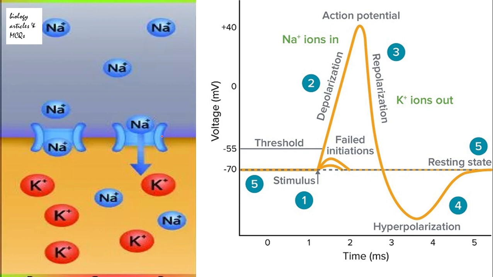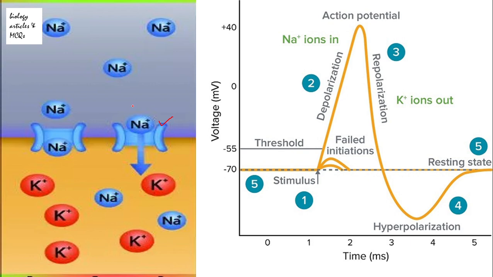Guys, sodium channels or sodium gates are simply the proteins that are present at the plasma membrane, and as they are named sodium channels, they will move the sodium. They will help in the transport of the sodium from their high concentration towards their lower concentration. And these sodium channels are of two types.